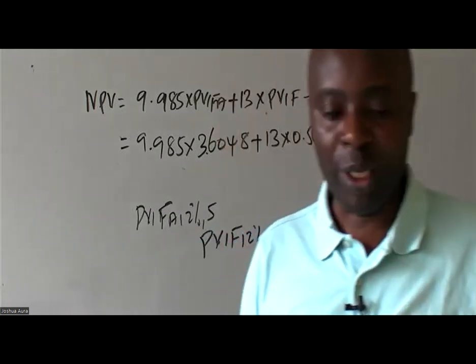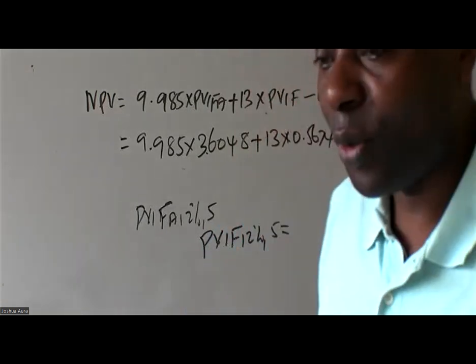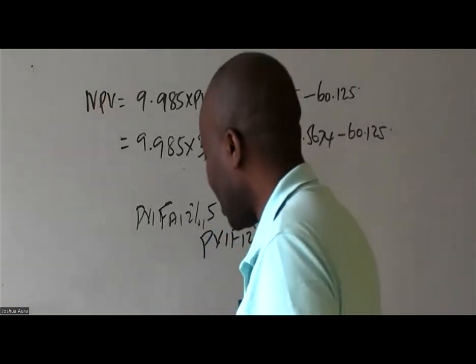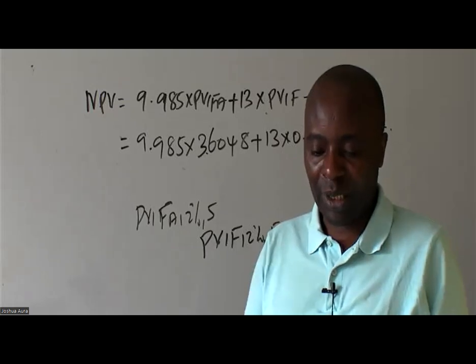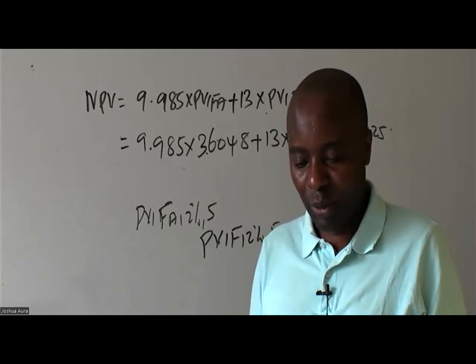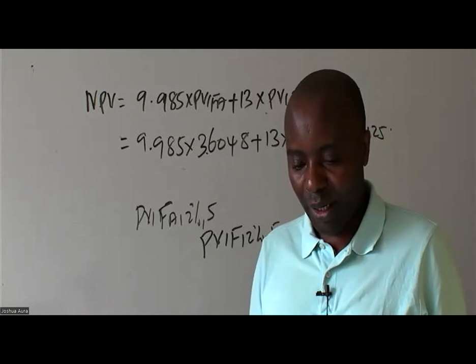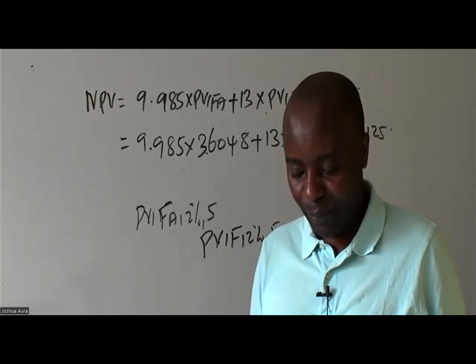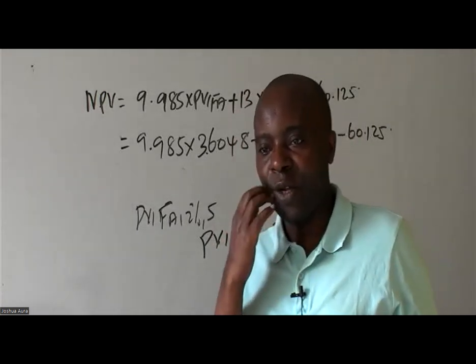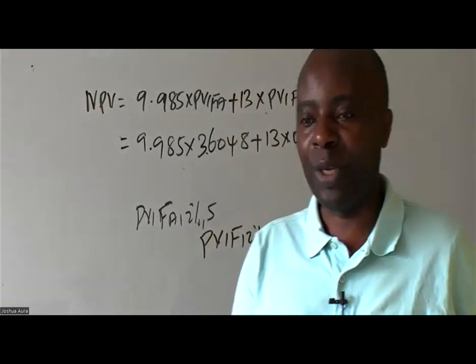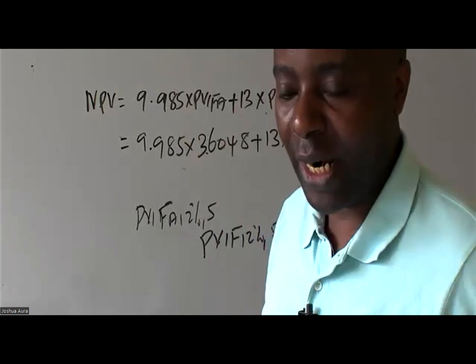So then we shall be able to get net present value. In this particular case, what are you able to get as our net present value? Somebody is saying it's negative 16.7549.